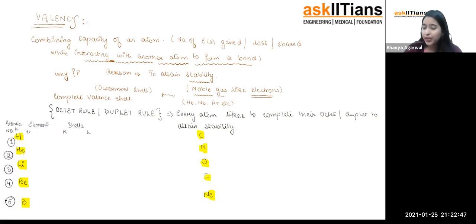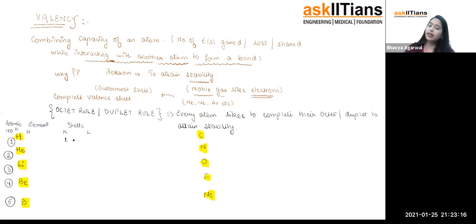Now, I hope you remember that whatever the atomic number is, we have the same number of protons and electrons present in it, right? It means hydrogen has only 1 electron. Where will this electron lie? In the first shell, which is the K shell, right? Now, when I talk about helium, it has an atomic number of 2.